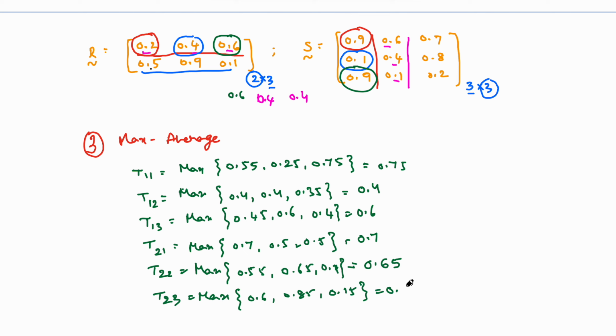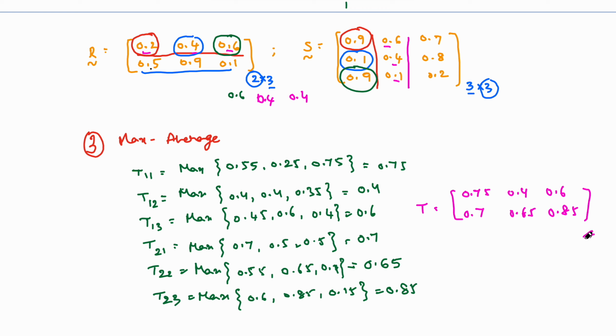So the maximum is 0.85. So at the end the T value will be 0.75, 0.4, 0.6, 0.7, 0.65, 0.85. Okay, so this is the answer.